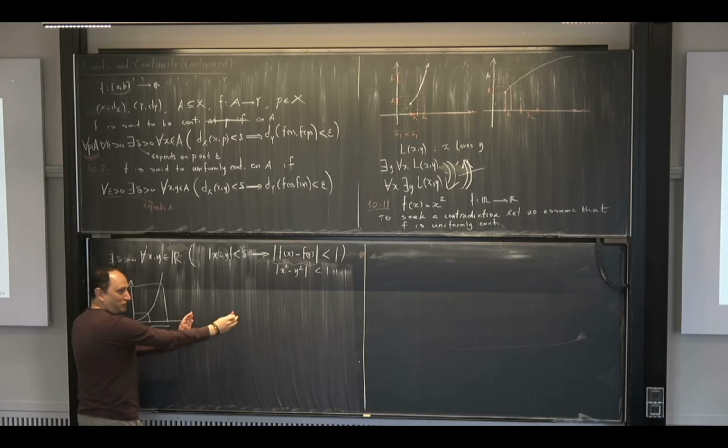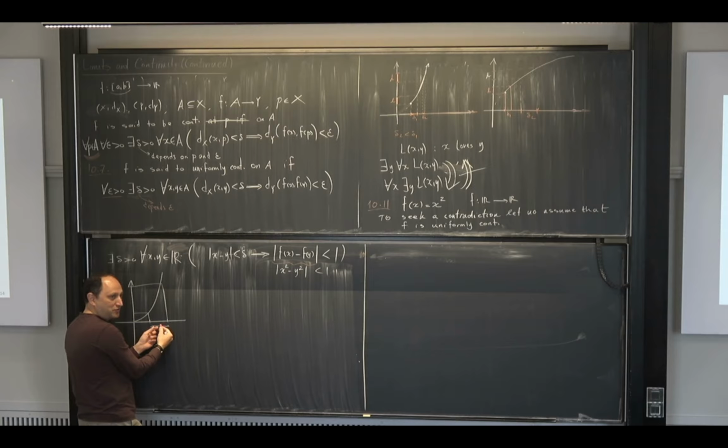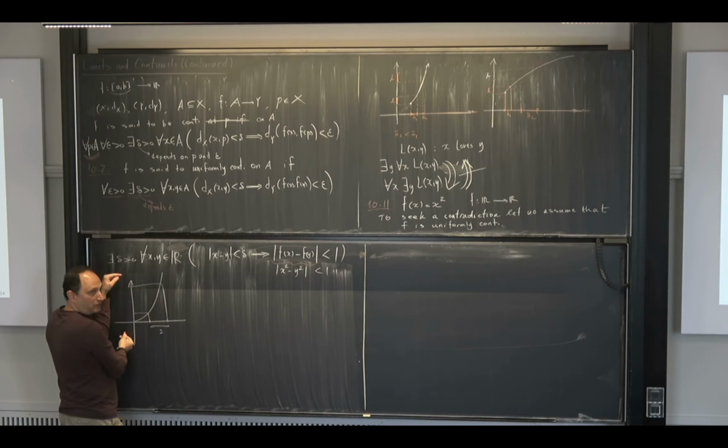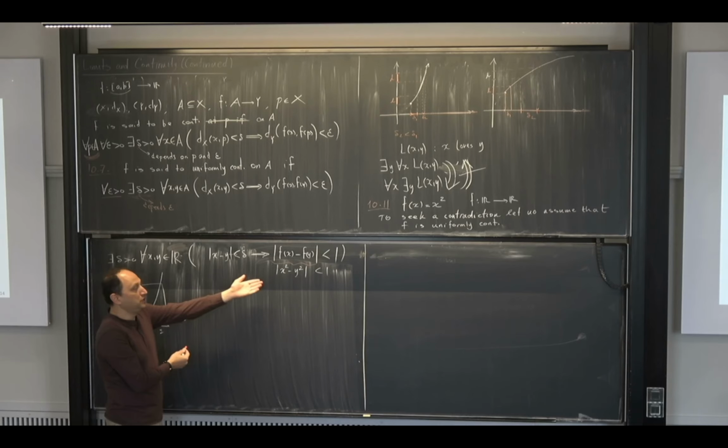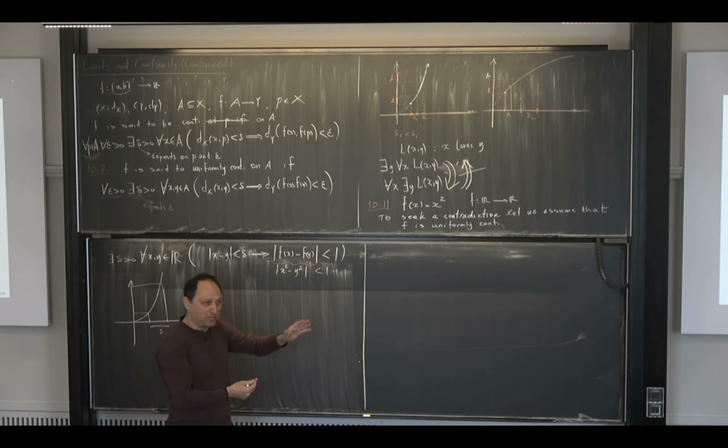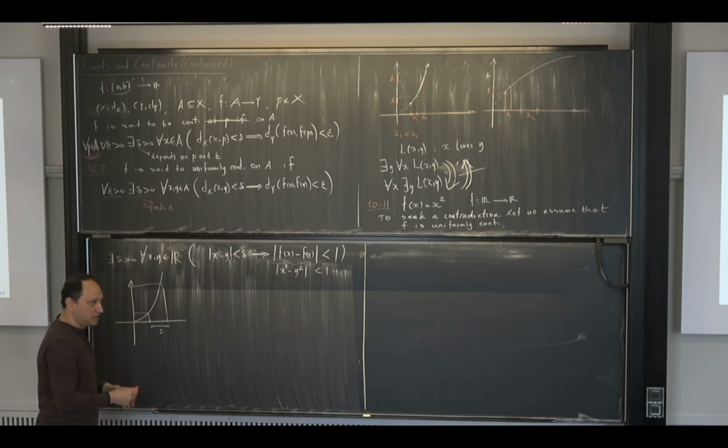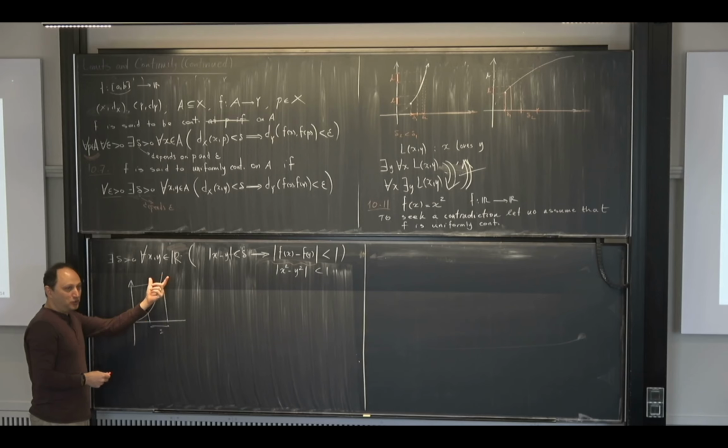Because if I go to the right, it doesn't matter even if I make them very close, they will become very far apart. So finally, they will go beyond my 1. And if my 1 is bad, I make it 1 over 10, and then it will work. Yes? So there is a clean way of doing that, but that clean way comes after I did this dirty work. And the dirty work is good enough. So you don't need to change it.